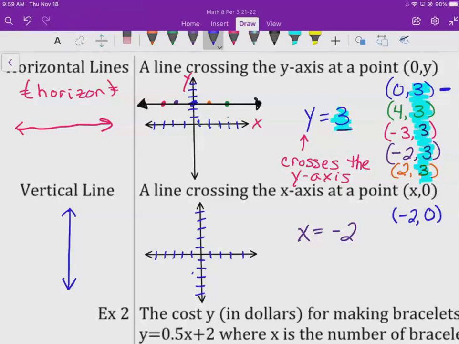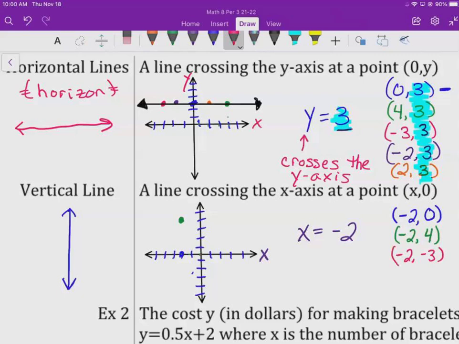so this time, here's my x-axis. I'm going to go to the coordinate negative 2, so negative 2, 0. Put a dot. The next one, my negative 2 stays the same, and my y is 4. So I go negative 2, I start at the origin, negative 2 left, up 1, 2, 3, 4. Then I'm going to do negative 2, negative 3.